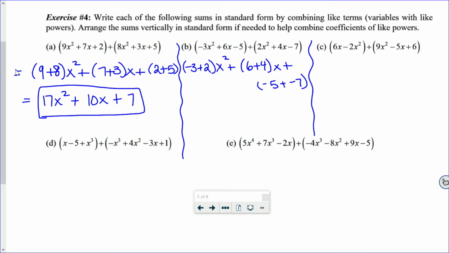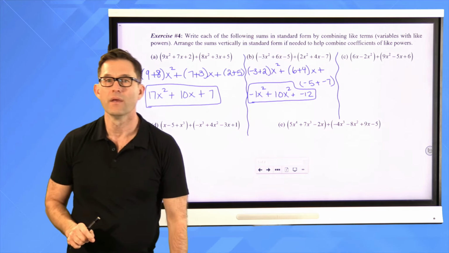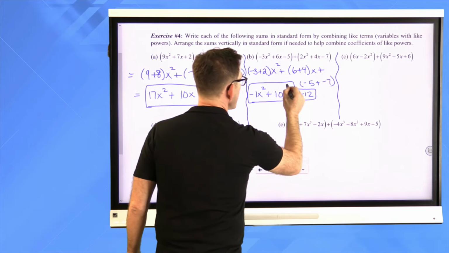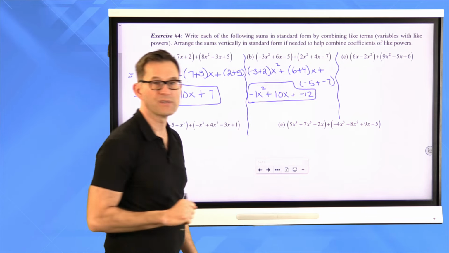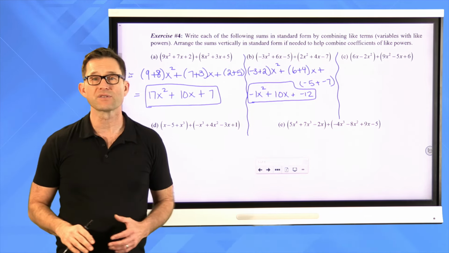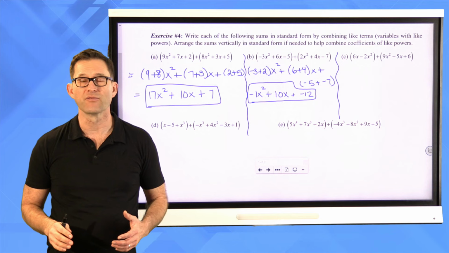Right, so now I have negative 3 plus 2, which is negative 1x squared. 6 plus 4 is 10, so that'll be 10x. Negative 5 plus negative 7 is negative 12. Now I'm going to circle this, and then we're going to rewrite it in a little bit of a different way. All right. Whoops, that shouldn't be an x squared. That should just be an x to the first. My apologies. So that's negative 1x squared plus 10x plus negative 12.